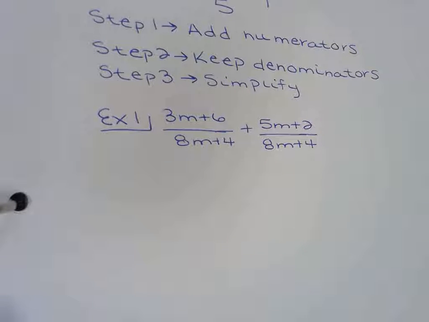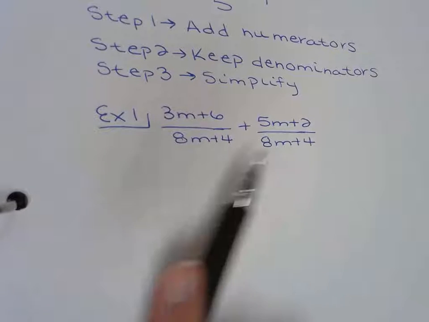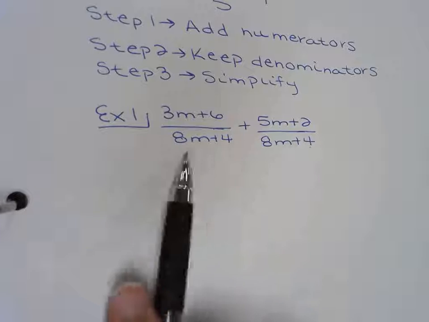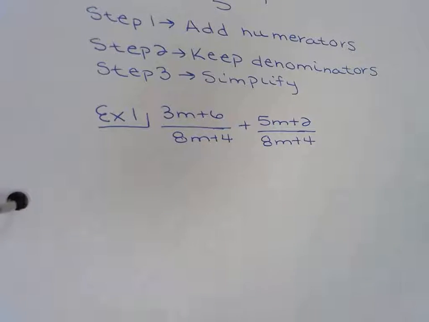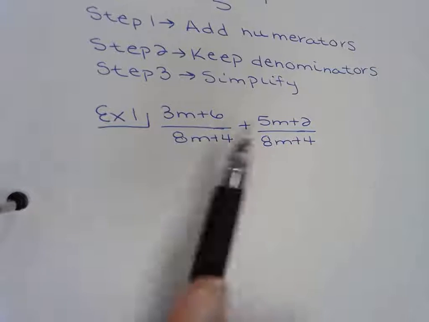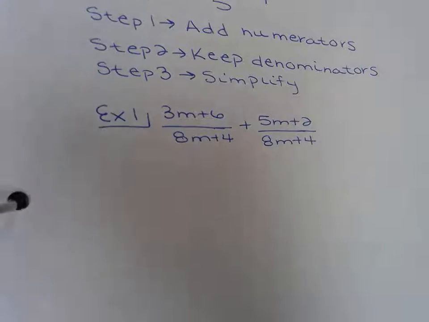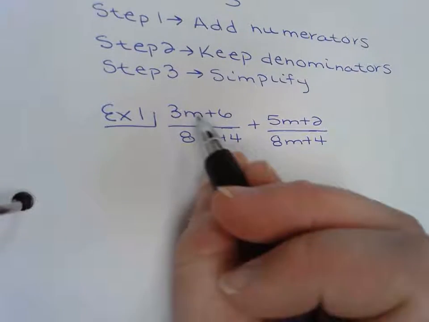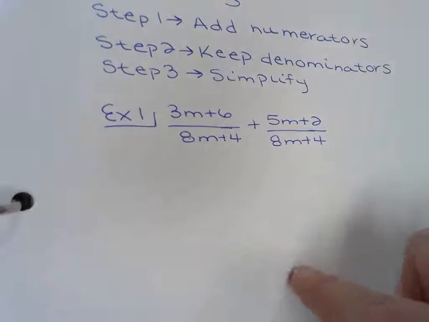Well, we have a common denominator. So what we're going to do in this unit, just for this unit, is we are going to have common denominators. My denominators are the same. So if you go back to middle school, when you add fractions, if you already have common denominators, you just add the numerators. So if I add the numerators, we are just going to combine like terms like we did in the previous section, the note page right before this.